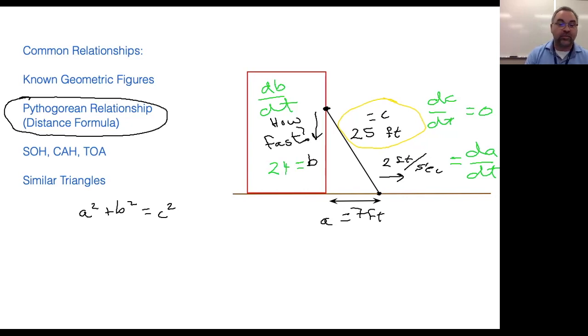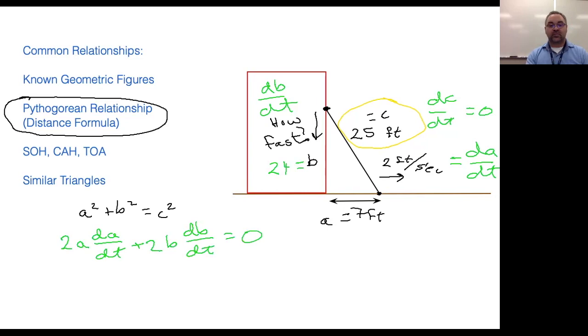So let's take our derivative. I'm going to get 2a dA dt plus 2b dB dt equals 0. Because remember, if I took its derivative, I'd get 2c dc dt.